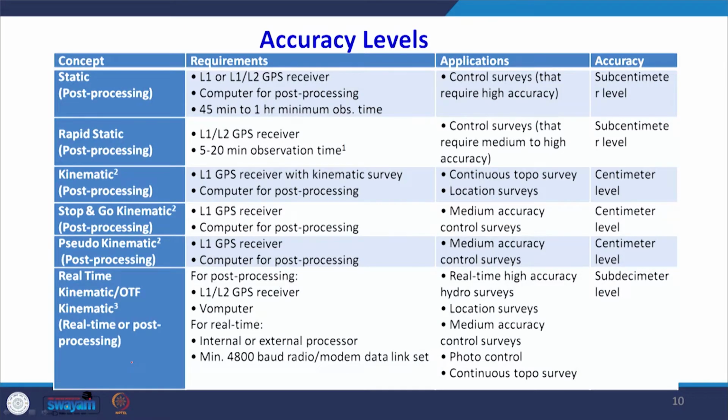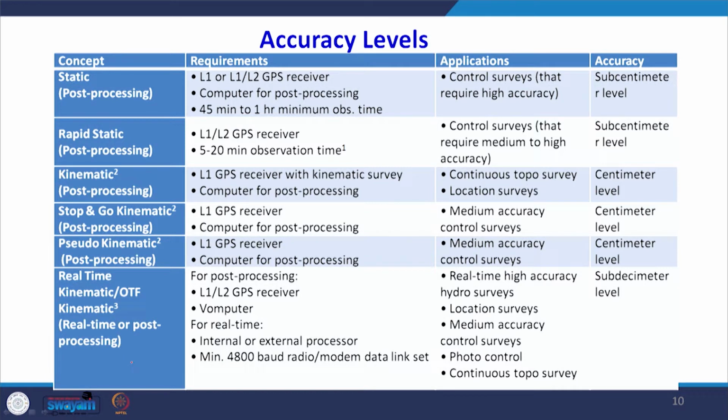So, for specific applications, a specific method is used. So, we talk about the application levels of these methods, what accuracy is achieved, and what the carriers are, L1, L2 carriers, or another carrier mode. So, we have to understand that particular aspect.